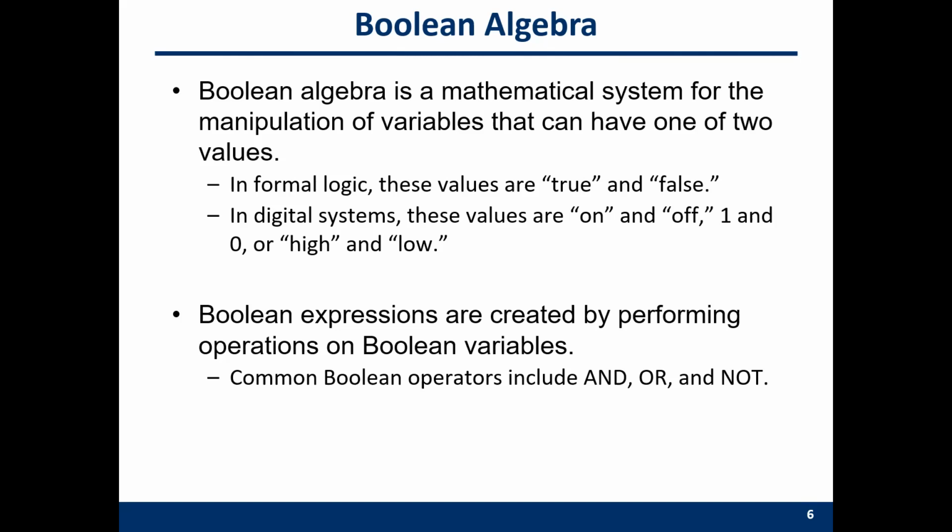In a real circuit, we use a switch to represent one variable. If the switch is on, then it's a 1. If it's off, then it's a 0. Boolean expressions are created by performing operations on Boolean variables like AND, OR, NOT.